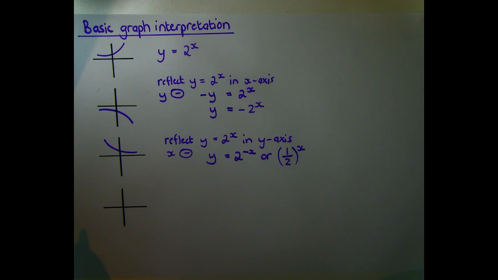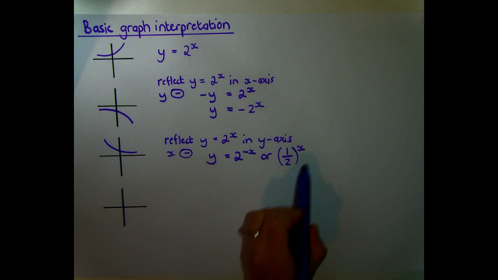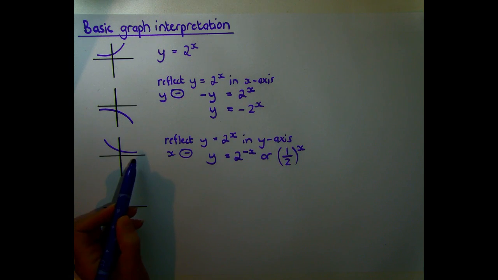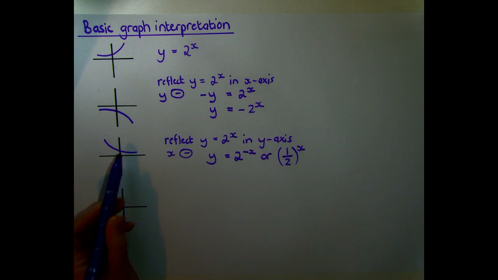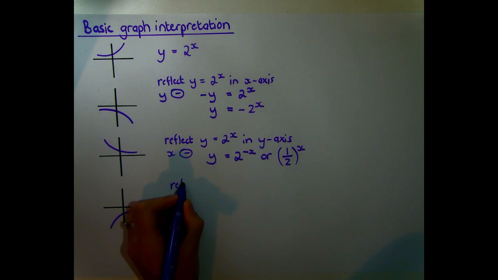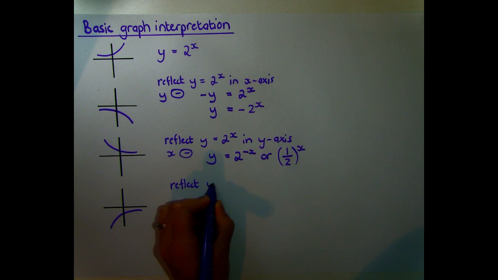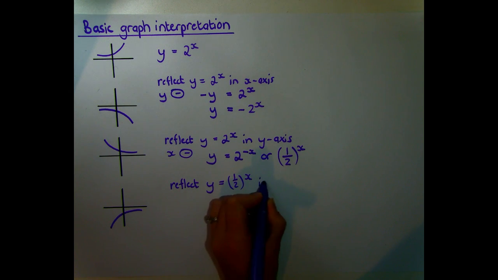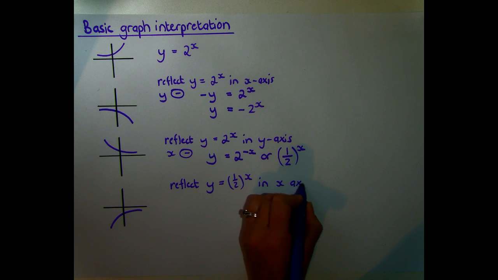The last reflection I want to look at is if I take this one and I reflect that in the x-axis. So it's already been reflected in the y-axis, and then I reflect that same one in the x-axis, so like that. Okay, so that's been reflected. So I'm saying here, I reflect y equals 1/2 to the x in the x-axis.